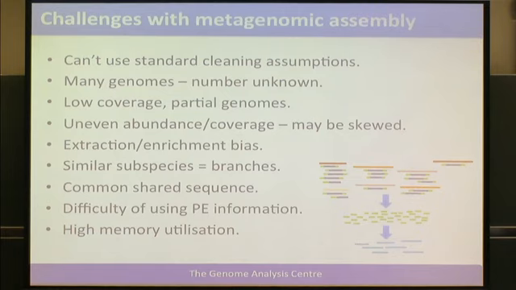Similar subspecies can produce multiple branching in the graphs and shared common sequence between them. And there's a real difficulty using paired information in the graphs, because there can be support for multiple paths through the graph, due to the diverse organisms present. And compared to genomic assembly of similar sized organisms, we've got much higher memory utilization.